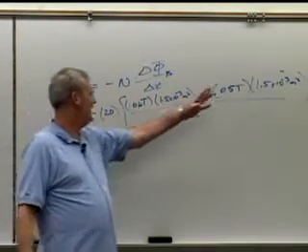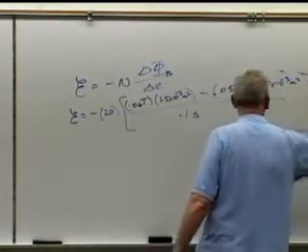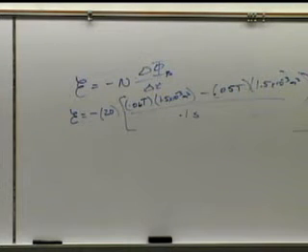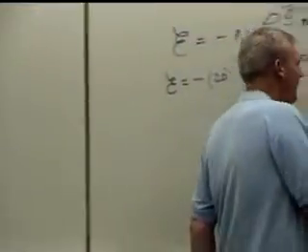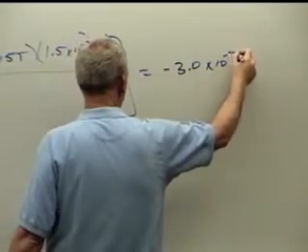That's my change in flux over my change in time. When I get that, this should come out to be negative, and it does. It comes out to be negative 3.0 times 10 to the negative 3 volts.